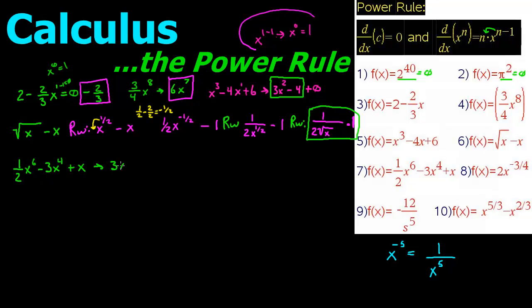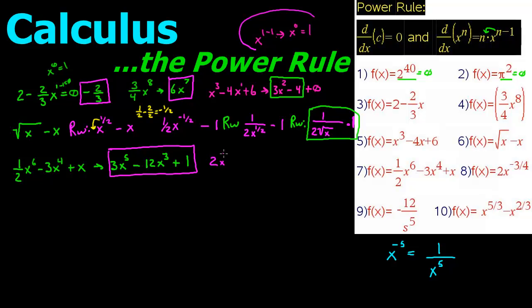We get 3x. 6 minus 1 is 5, so it drops down to the 5th power, minus 4 times 3, which is 12x, and then we drop the exponent again, so we're left with 3 plus 1. And that's how you solve that one. It's pretty easy stuff.